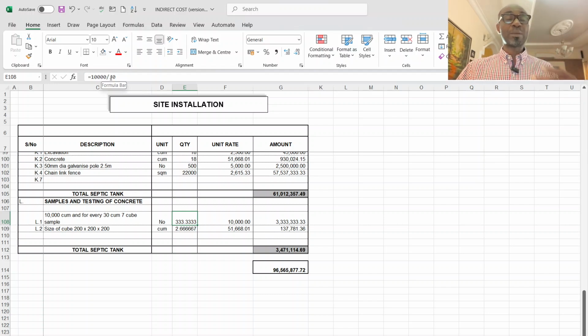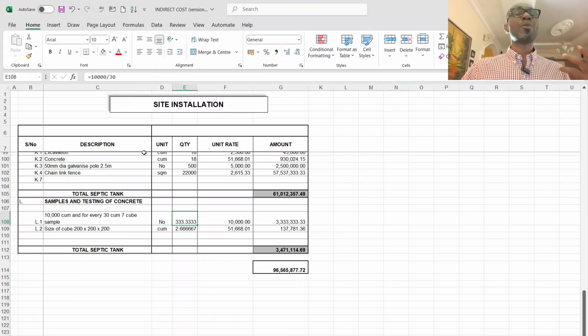This is an assumption I'm just giving because we don't have a project in review here. Say the project's total concrete is 10,000 cubic meters, and it's expected that you cast 30 per each pour. You know how many times you're going to pour.